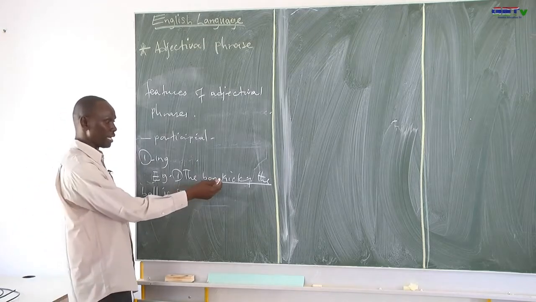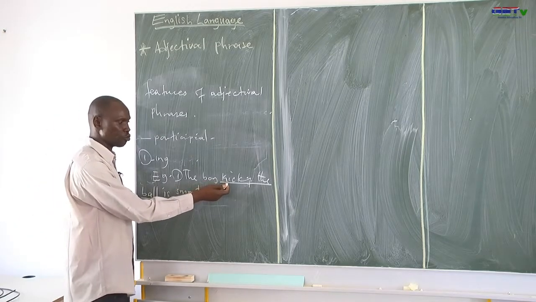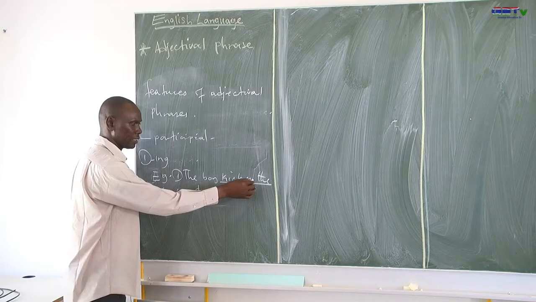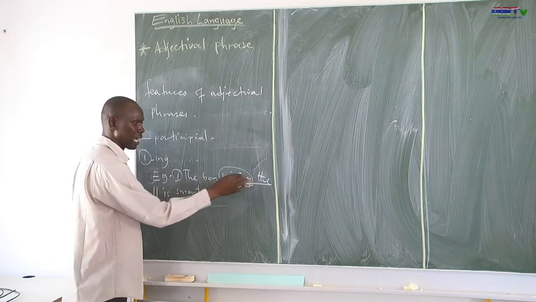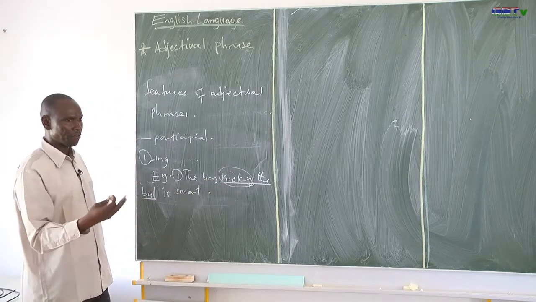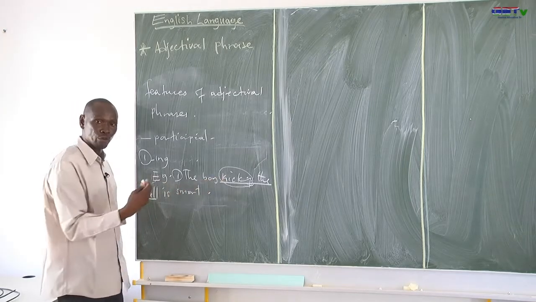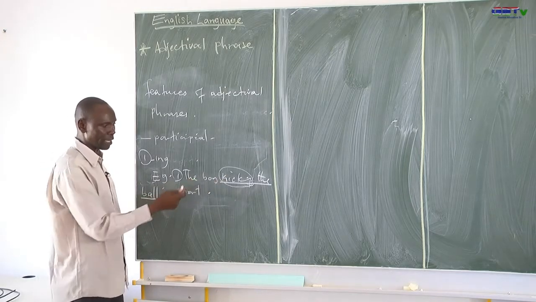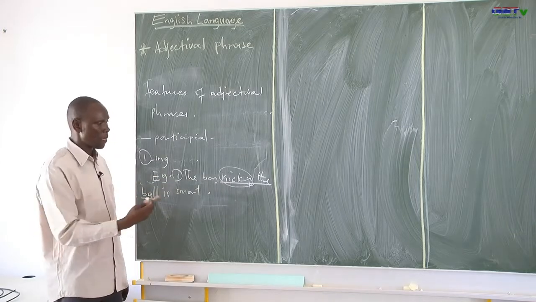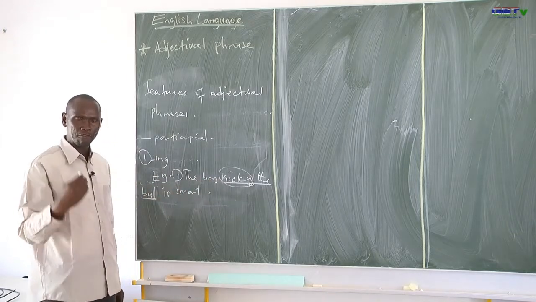Here, what is the first word? The first word is kicking. This is an ing adjectival phrase. So this "kicking the ball", remember kicking here is a non-finite verb. Someone may say, okay, but it is a verb. Yes, it is, but it is a non-finite verb.